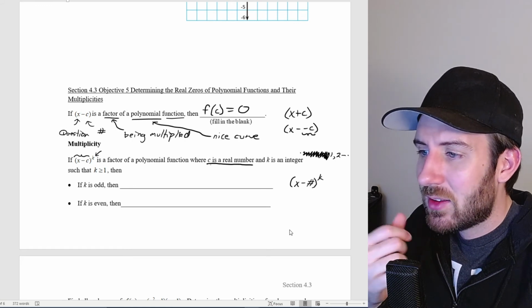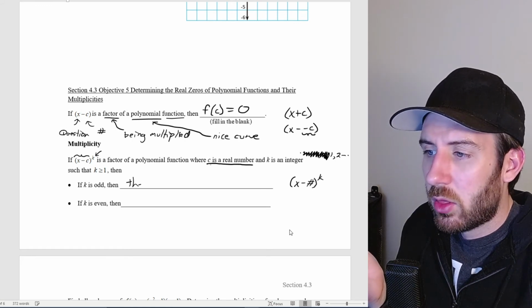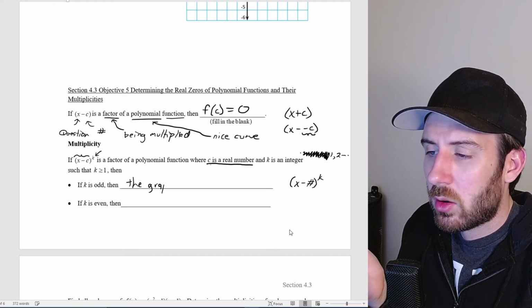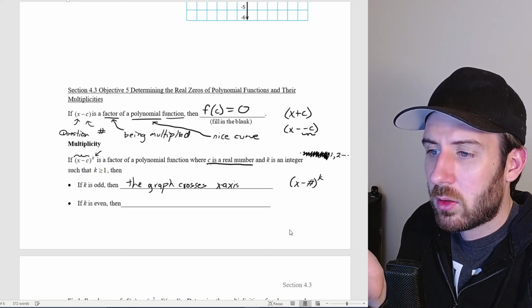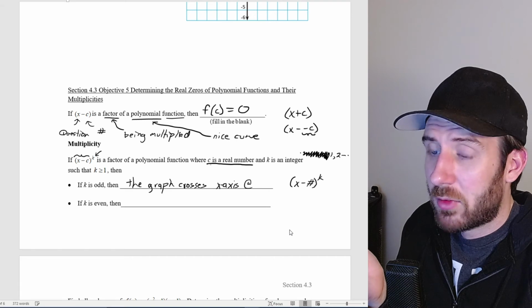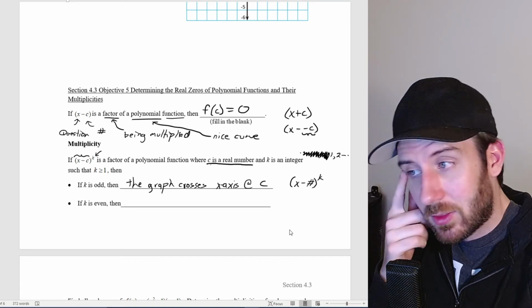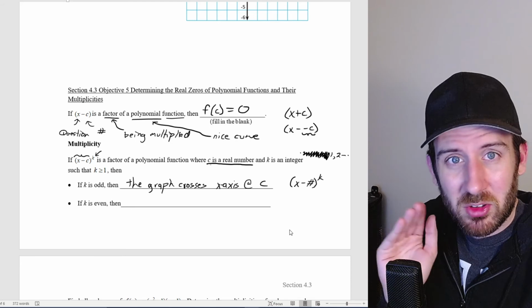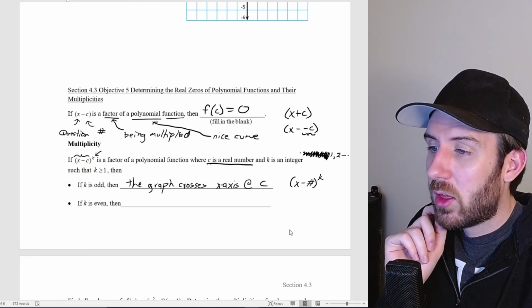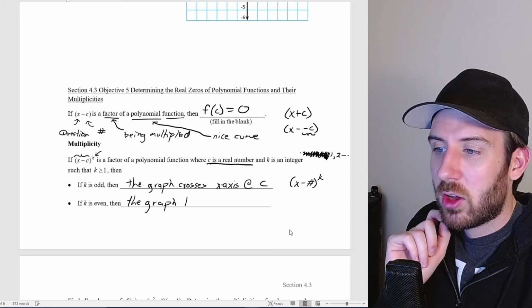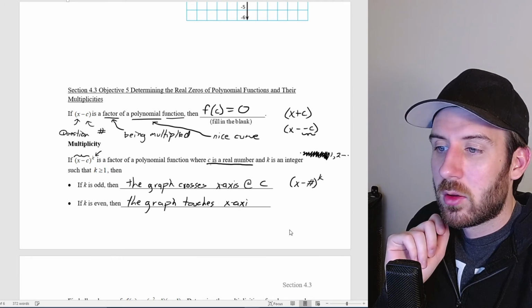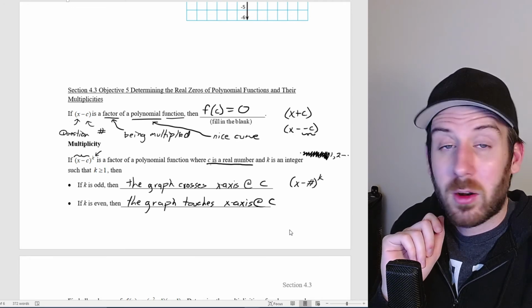So if k is odd, then the graph crosses the x-axis at c, because when I plugged it in, that was my 0, and I know that for the odd numbers, that's what I'm about to cross. And if k is even, then the graph didn't cross, we'll say it just touched. The graph touches the x-axis at c. All right, very nice.